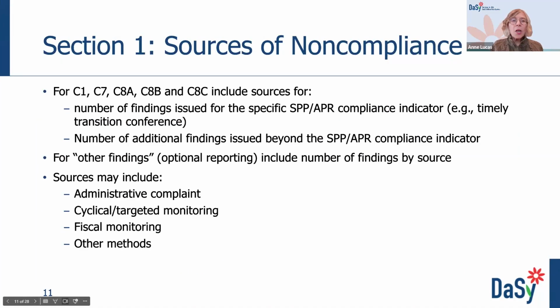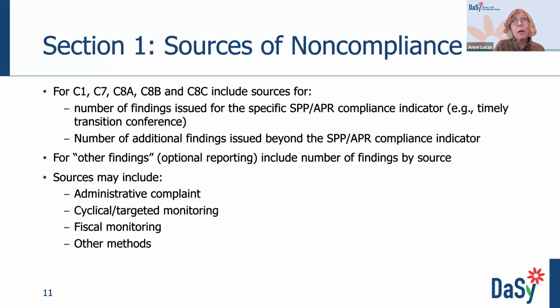I'm going to talk about each of those three sections separately, and I'm going to start with the sources of noncompliance, which is the first item that's new. So for the compliance indicators in C12, C1, C7, C8A, C8B, and C8C, what we are encouraging is that you include the number of findings that were issued for that particular indicator that you're reporting in.